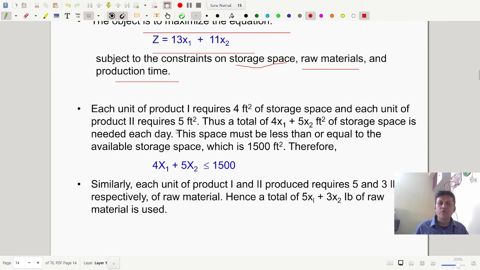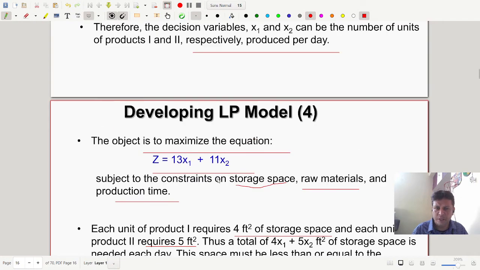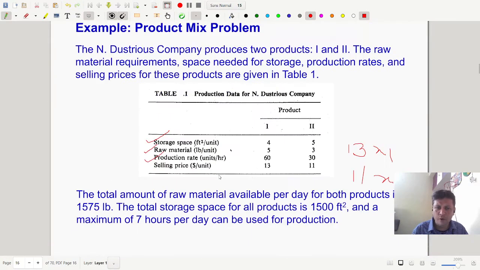Each unit of product 1 requires 4 square feet of storage space, and each unit of product 2 requires 5 square feet of storage space. So go to the chart. You see 4 square feet per unit, 5 square feet per unit, respectively for product 1 and product 2.